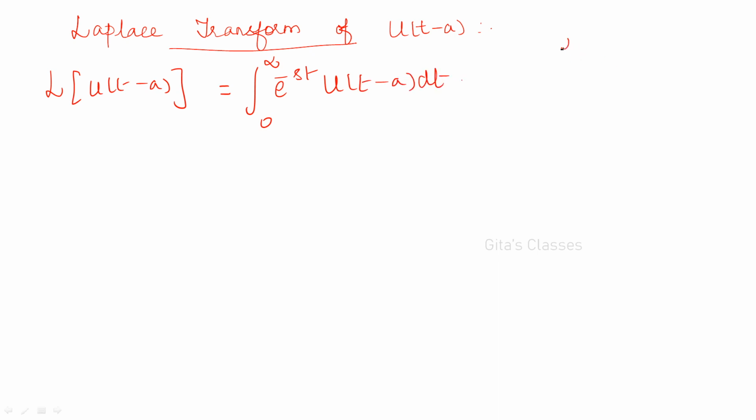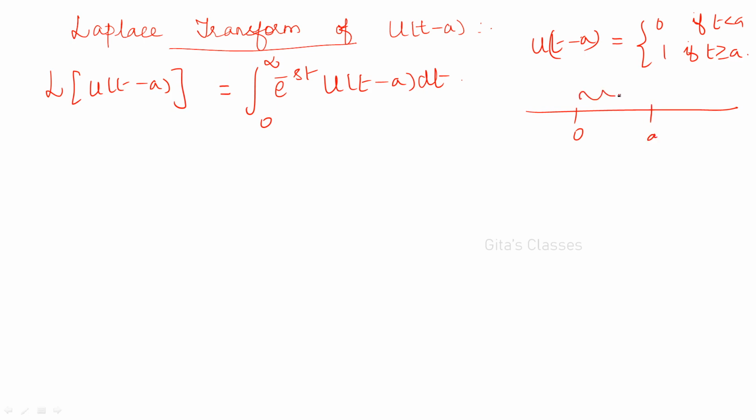So what is the function here? u of t minus a is equal to 0 if t is less than a and 1 if t is greater than or equal to a. So from 0 to a it is 0, and we want from 0 to infinity. So 0 to a it is 0 and a to infinity it is 1.